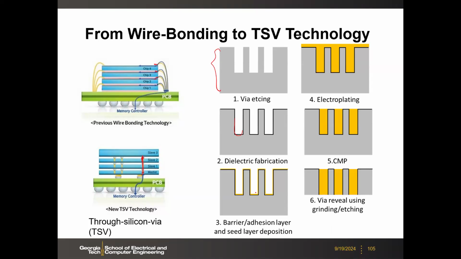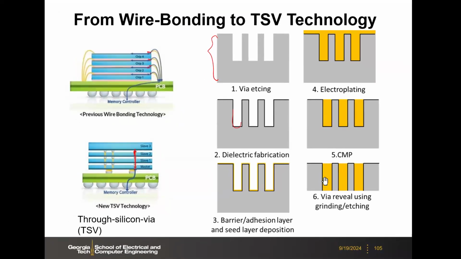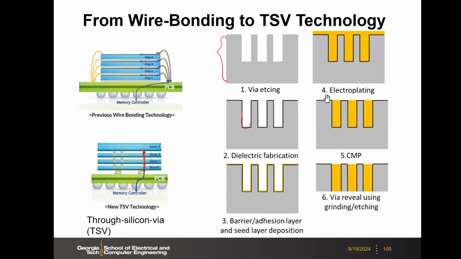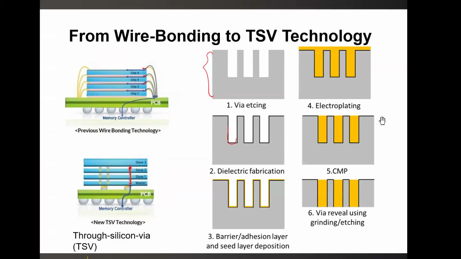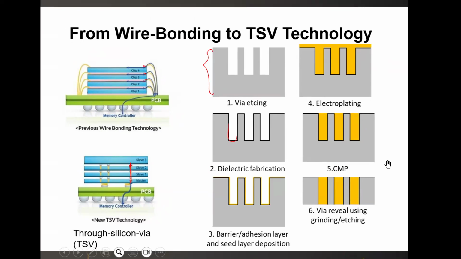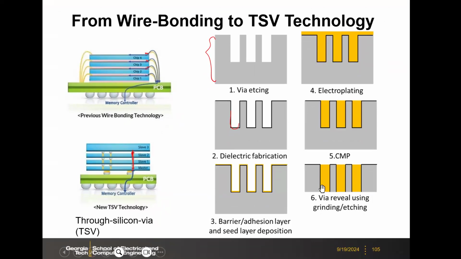So you have to coat the surface with some barrier material. And then you do this electroplating, basically your copper processing. And then you do CMP, the chemical mechanical planarization. Then you remove the additional copper, so make it flat. And then you thin down the wafer by grinding and etching.